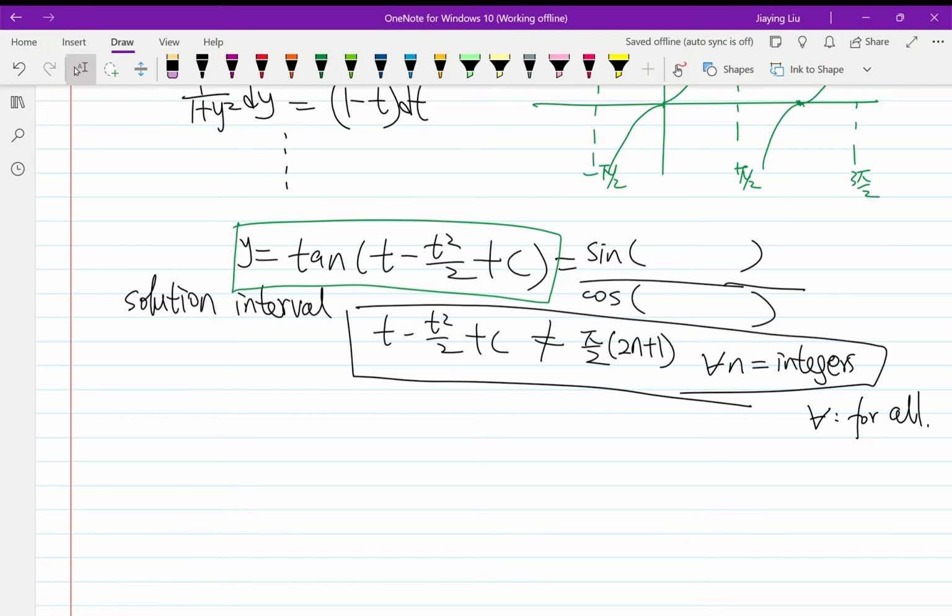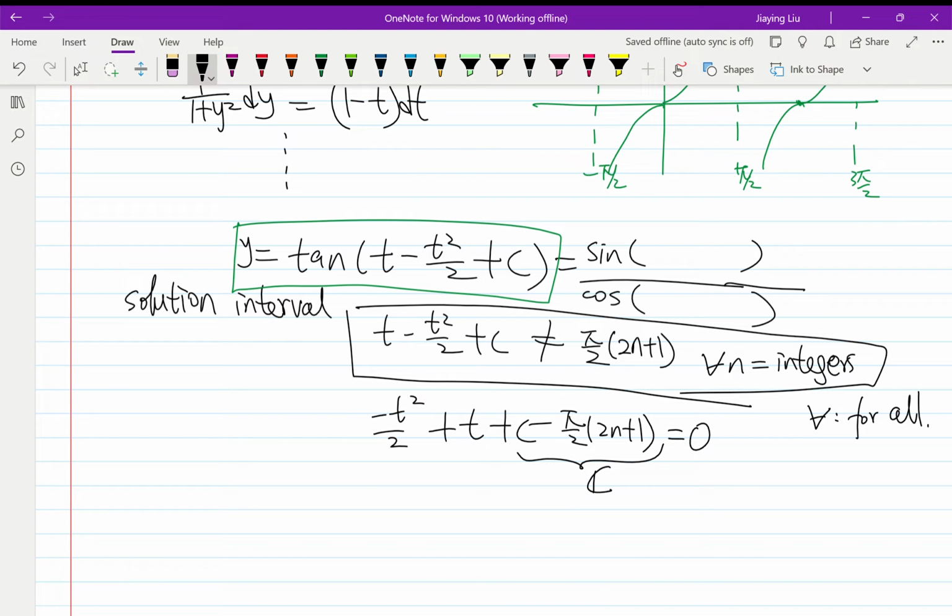If you do want to spend some time trying to figure out what the t is, you basically have to move the right hand side to the left. So you get negative t squared over 2 plus t plus c minus pi over 2 times 2n plus 1. Treat it like a c here, and then apply the quadratic formula to get t from there.